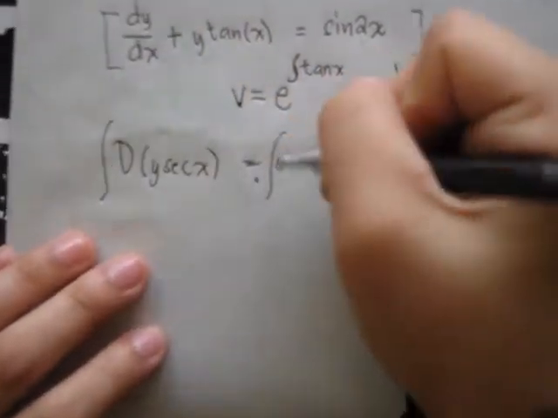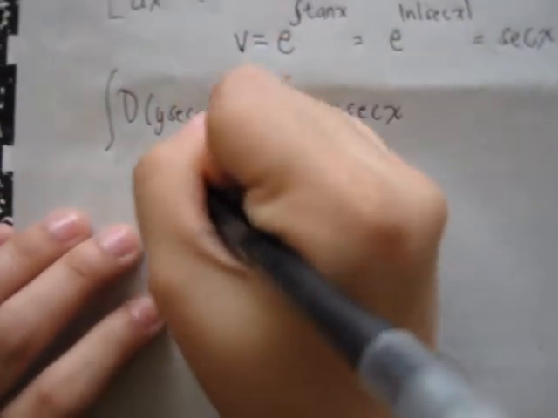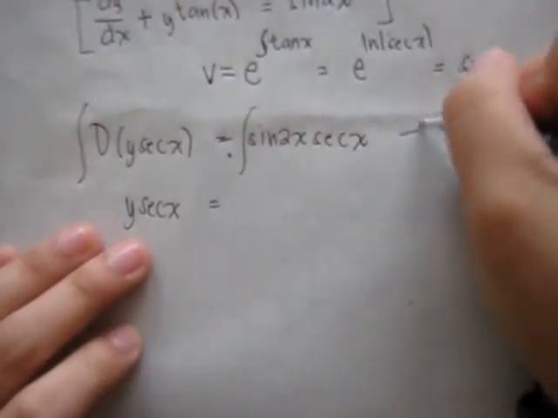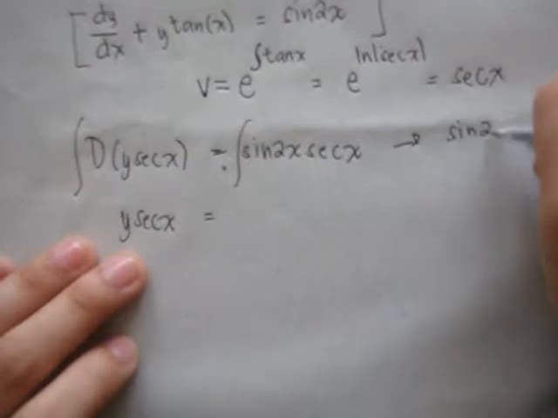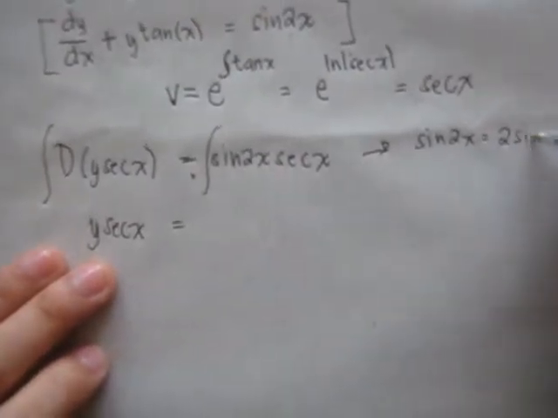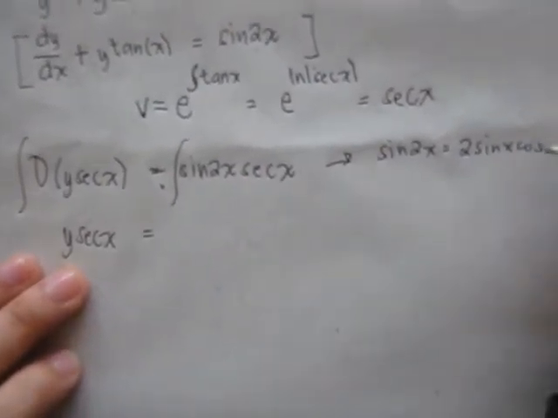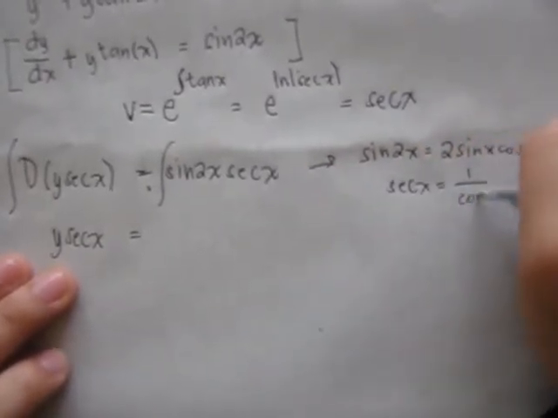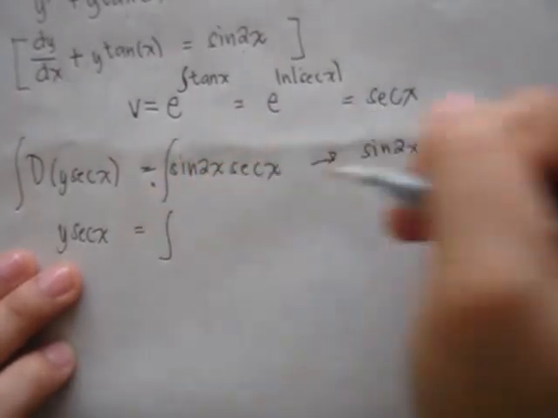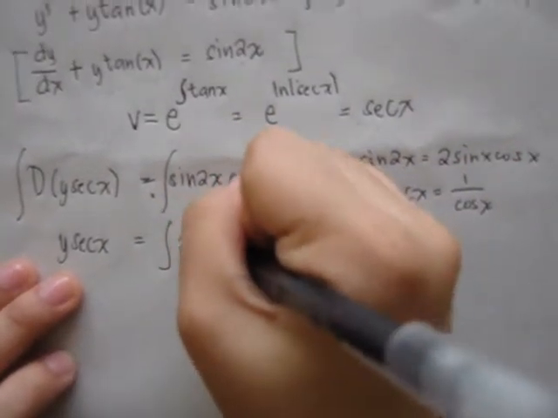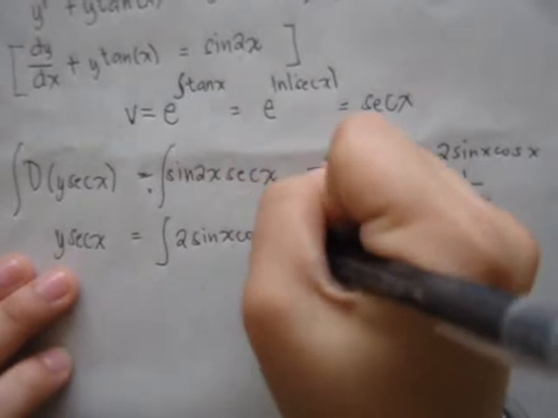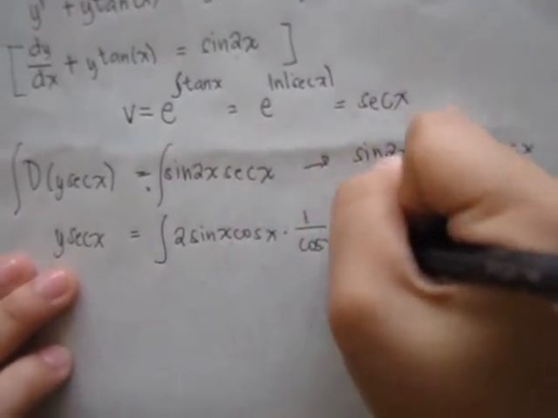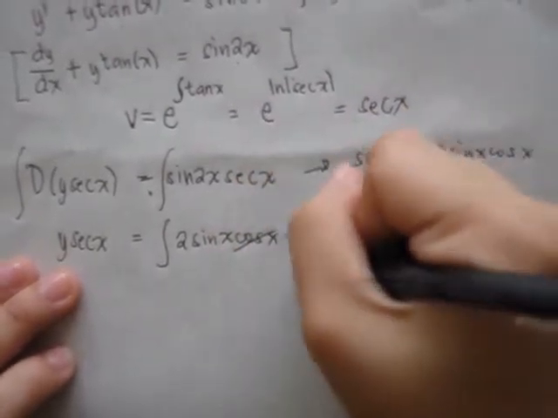So integrating this one, y secant x is just equal to, as we all know, sine 2x is just 2 sine x cosine x, and secant x is just equal to 1 over cosine x. So 2 sine x cosine x times 1 over cosine x, you can just cancel cosine.